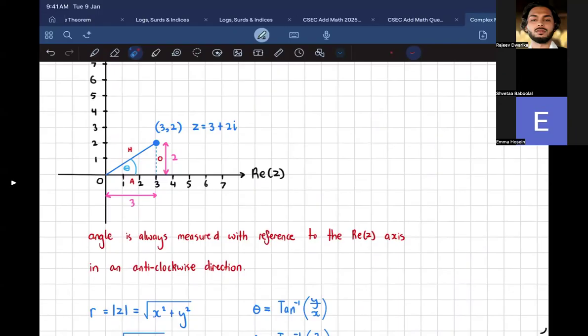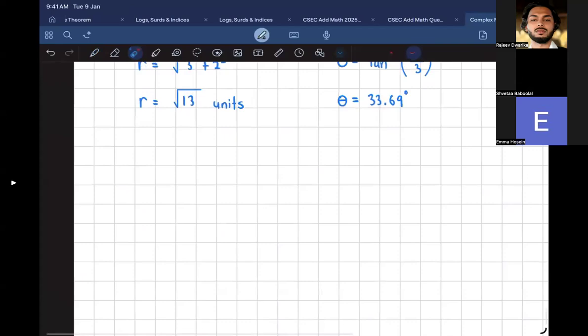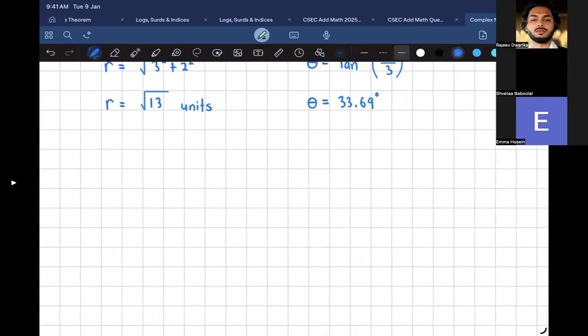Okay. So Emma, the thing you would have probably seen is that z is equal to r(cos theta plus i sin theta).